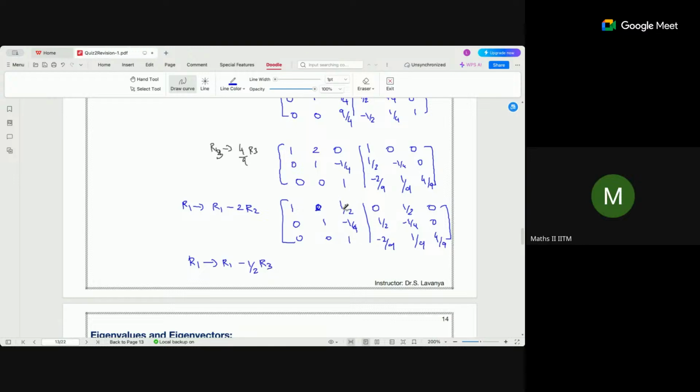To make this 0. Otherwise, if you use R2, then again there will be a change. You have to use R3 here. And in the same way for R2, you have to do R2 plus 1/4 R3. So if you perform both, then you will get the matrix 1, 0, 0, 0, 1, 0, 0, 0, 1. Maybe you can fill in this last step alone. Okay? Complete it.